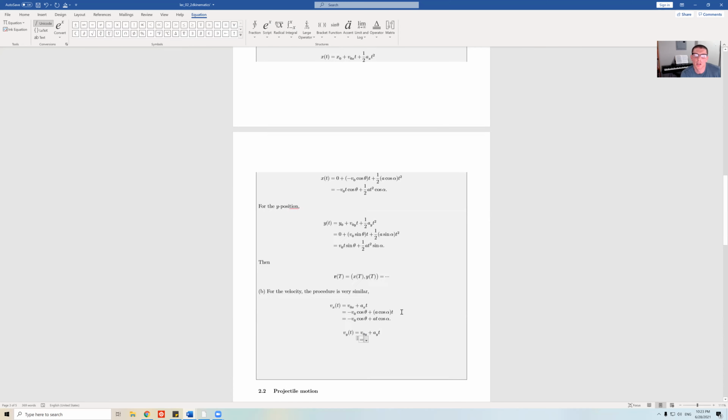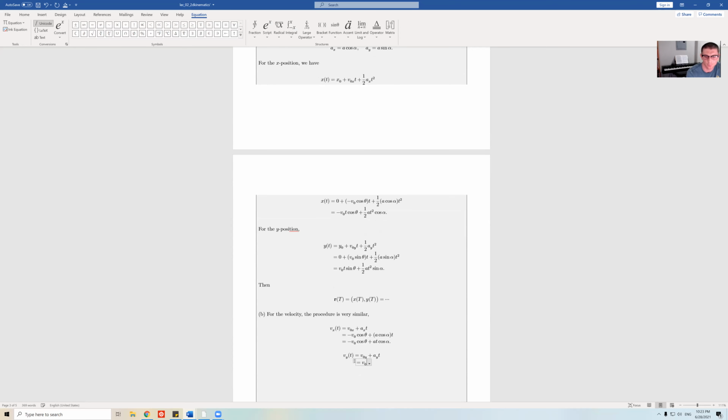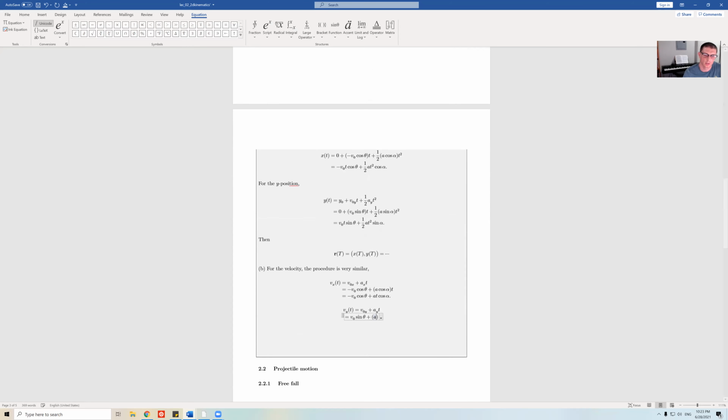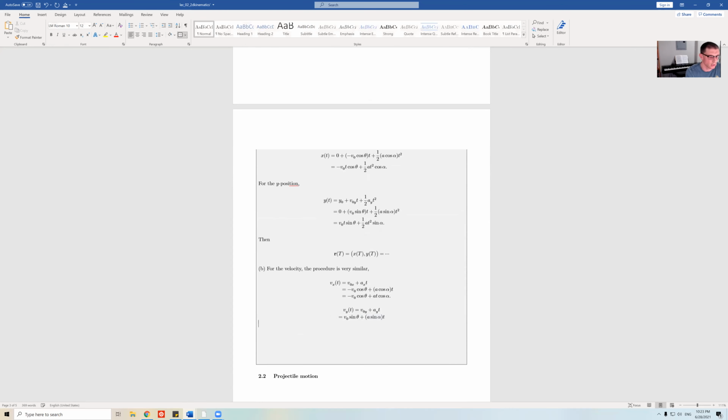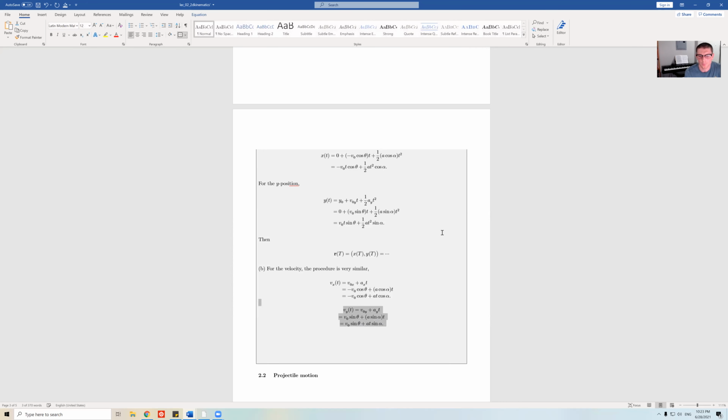We had that the initial y component of velocity was v naught sine theta, and that the y component of the acceleration was a sine alpha times t, and then one final time here. And there we go, right?